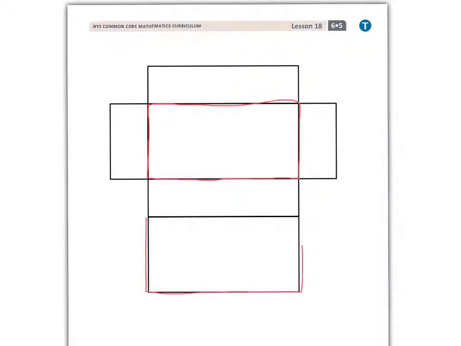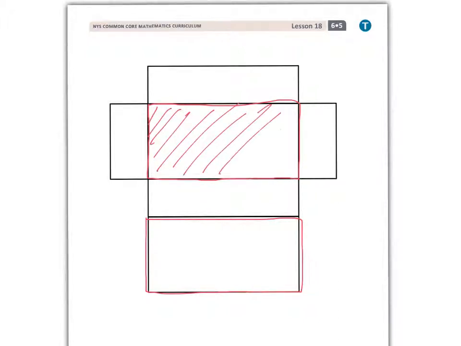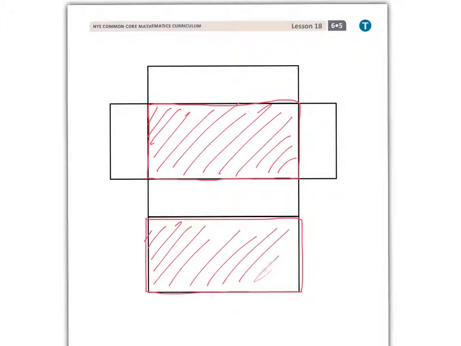If you folded it all up, those would be across from each other, which is actually the first question. It's a rectangular prism. So on question A, when it asks what three-dimensional figure the net will create, it's a rectangular prism, because we have this rectangle, and that would be across from this rectangle.